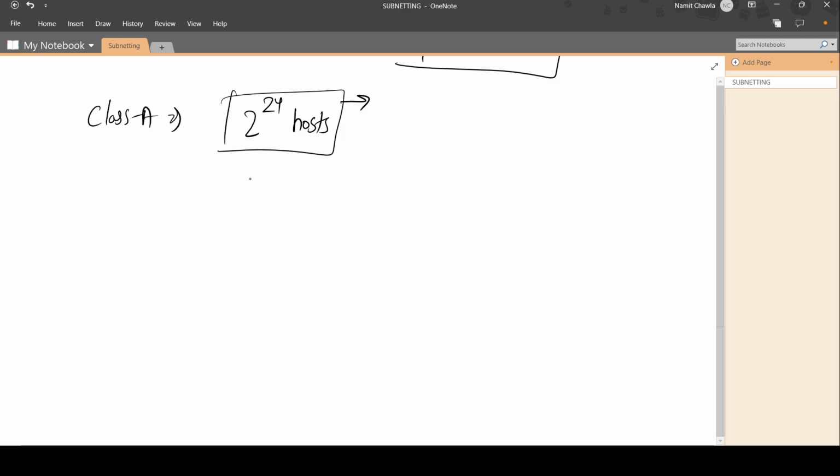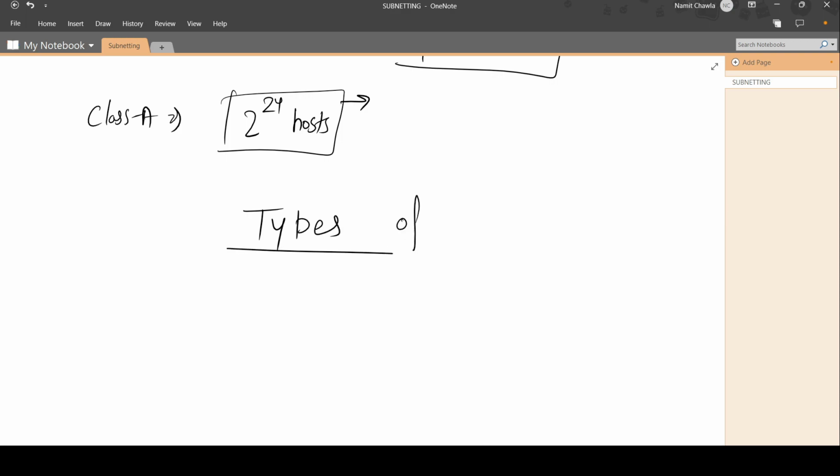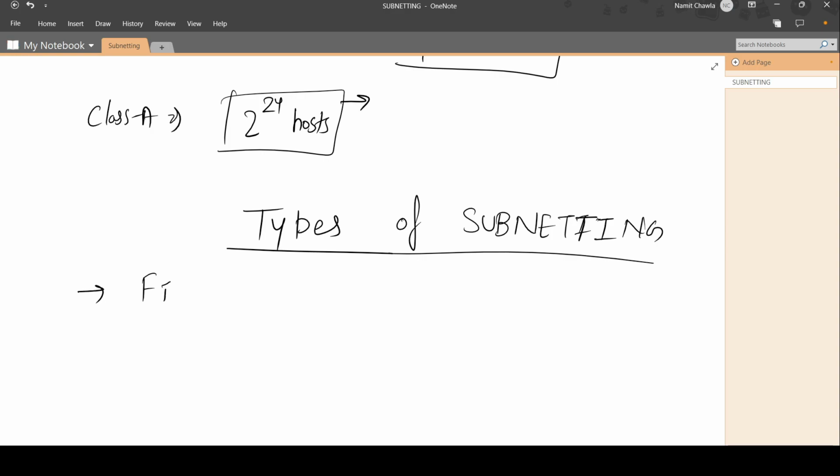Now moving on, let's talk about the types of subnetting. The first one is known as fixed length subnetting.